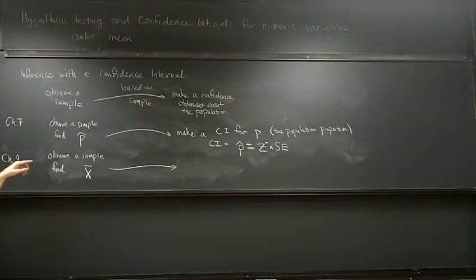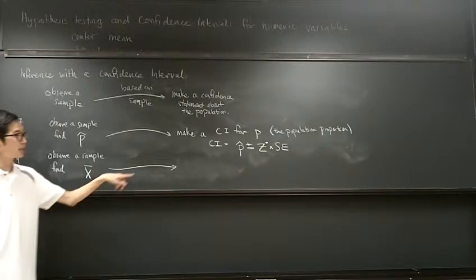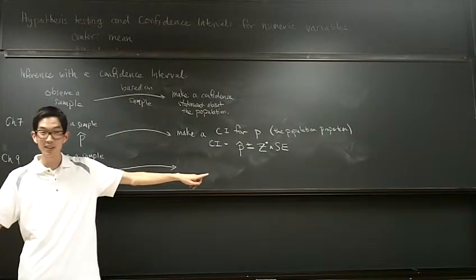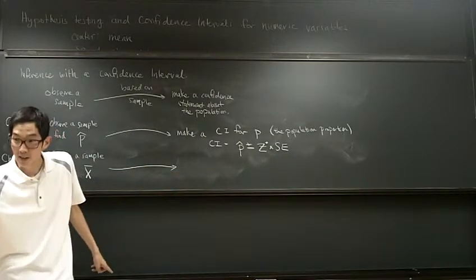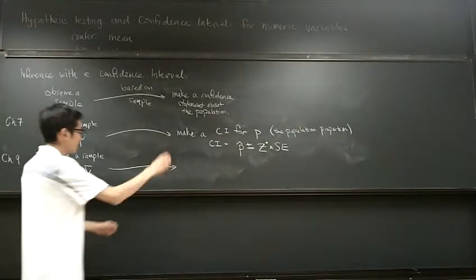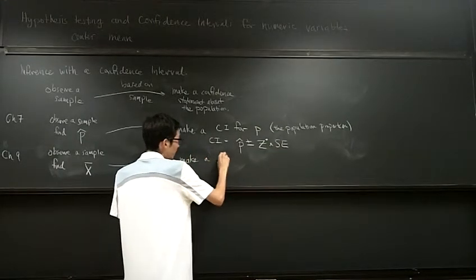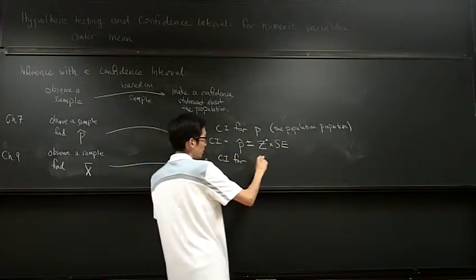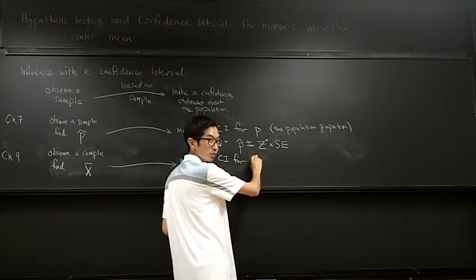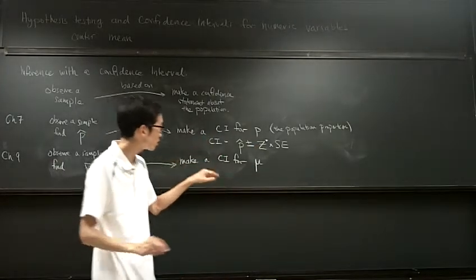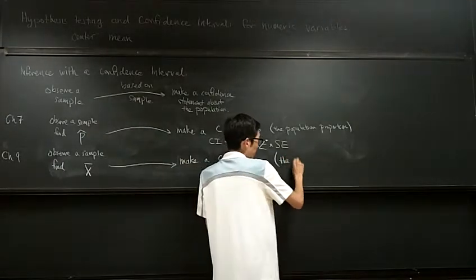So for a numeric variable, we find a sample and we find the sample mean, x bar, and we're going to make a statement about the mean of the population. Okay, make a confidence interval for the mean of the population, which is, what symbol do we use there? Mu. Okay, make a confidence interval for mu, which is the population mean.